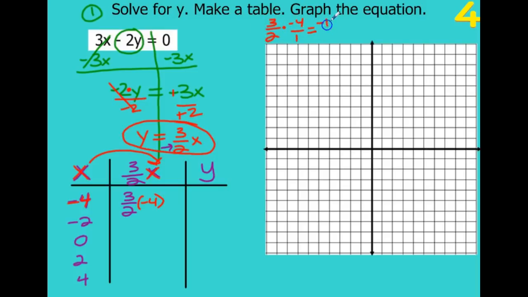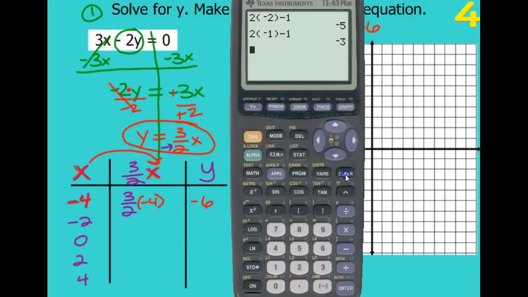And you get negative 12. 3 times negative 4 is negative 12 over 2. And negative 12 divided by 2 is negative 6. If you'd prefer to use your calculator, we would put the fraction in parentheses, 3 divided by 2, times, and then a negative 4. There it is, negative 6.